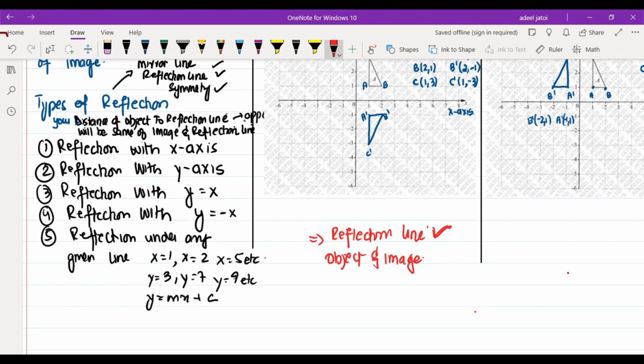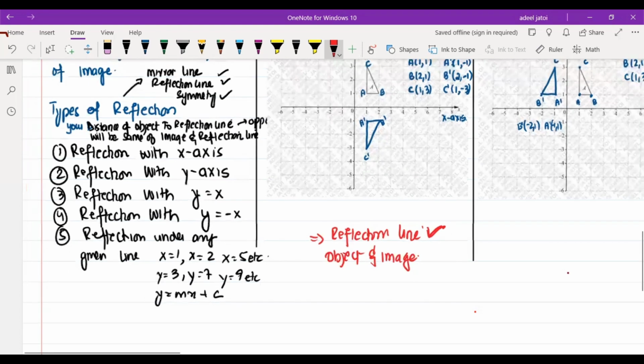When the object and image are given, the question will ask you what type of transformation that is. So with that, we will be working when we cover the rotation. After the rotation, we will be covering the reflection, the image, reflection line and the rotation point, because these two points are linked together. So that will be under video lecture number 5.